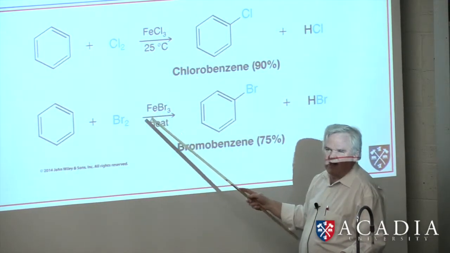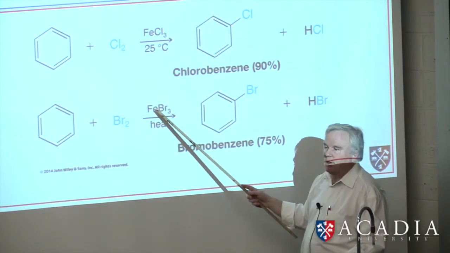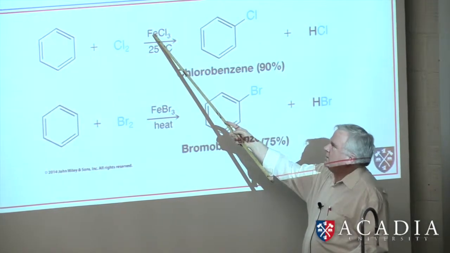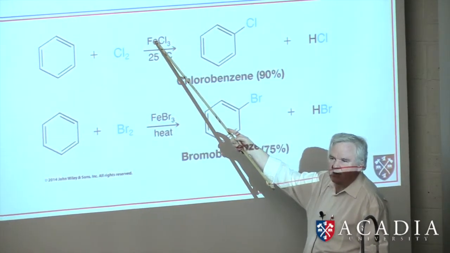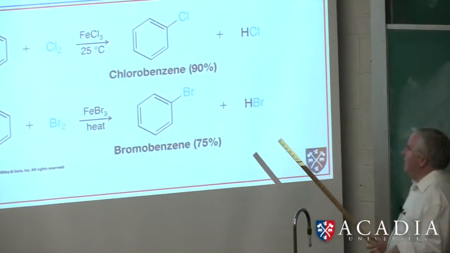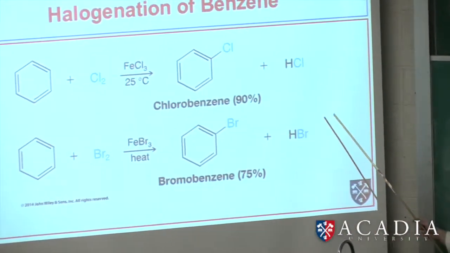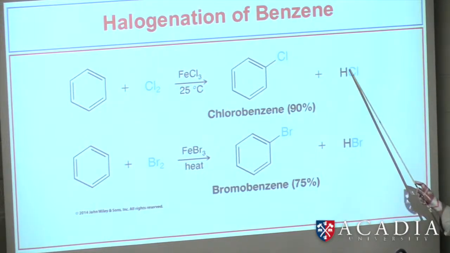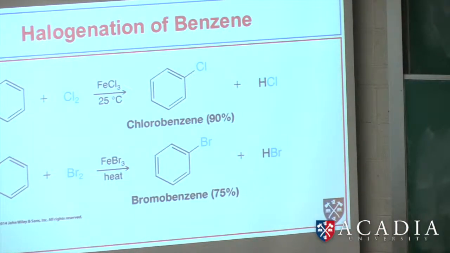Aluminum tribromide is a bit of an exotic reagent and expensive, and we just wouldn't use it. This is cheap. Iron trichloride and aluminum trichloride are pretty similar in cost, and aluminum actually is a slightly better catalyst. So that's why we might use it. Both of these reactions go in decent yields, and our inorganic byproduct is just the inorganic acid, the proton and the chloride.